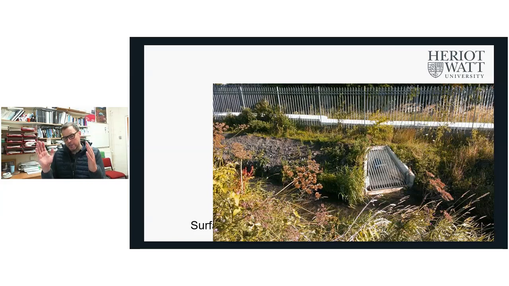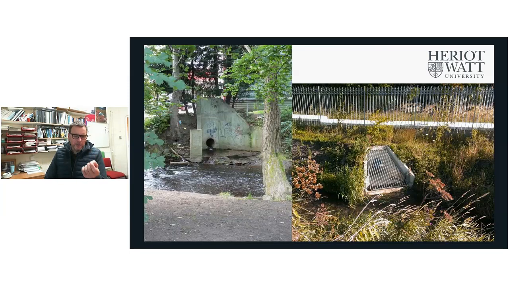And what that does is, if the river level is high, it stops the river water going back up that pipe and causing problems somehow. The non-return valve, that's what that does. This is another one. This one is on the Water of Leith in Edinburgh. Not the prettiest of structures, I'm sure you'll agree.